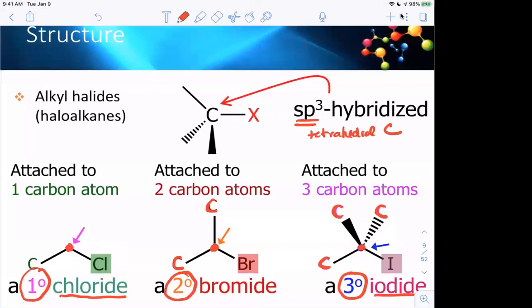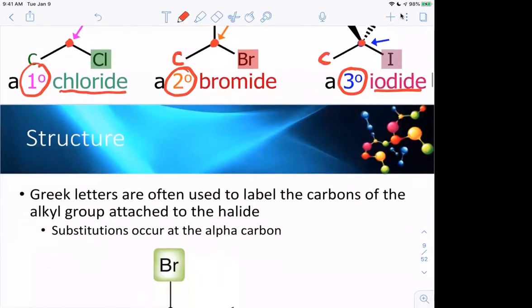And we'll come back to that later. But just make sure you know the difference between primary, secondary, and tertiary halides, because that's going to factor greatly into the type of chemistry and the mechanism that I choose when I start looking at the substitution and the beta elimination reactions.